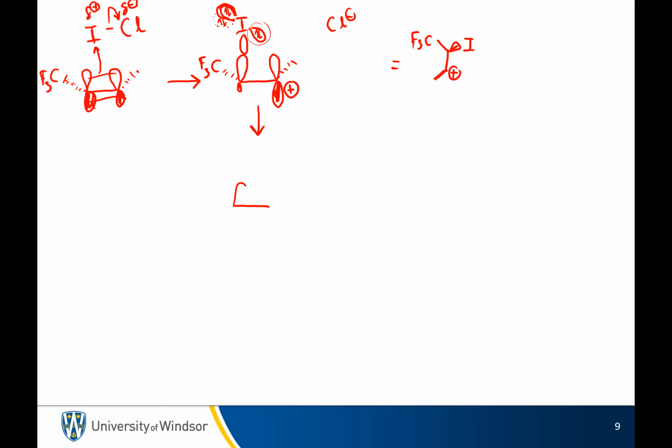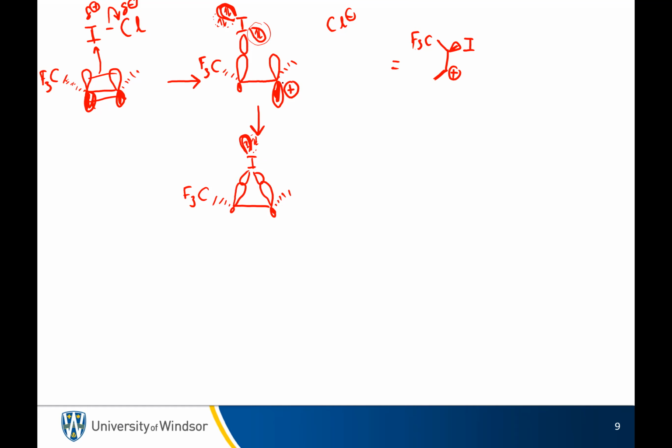Got to bend the angle a bit. This is not a happy angle. We've got 2 electrons in each of those. And now the iodine is making a bond to that carbon.